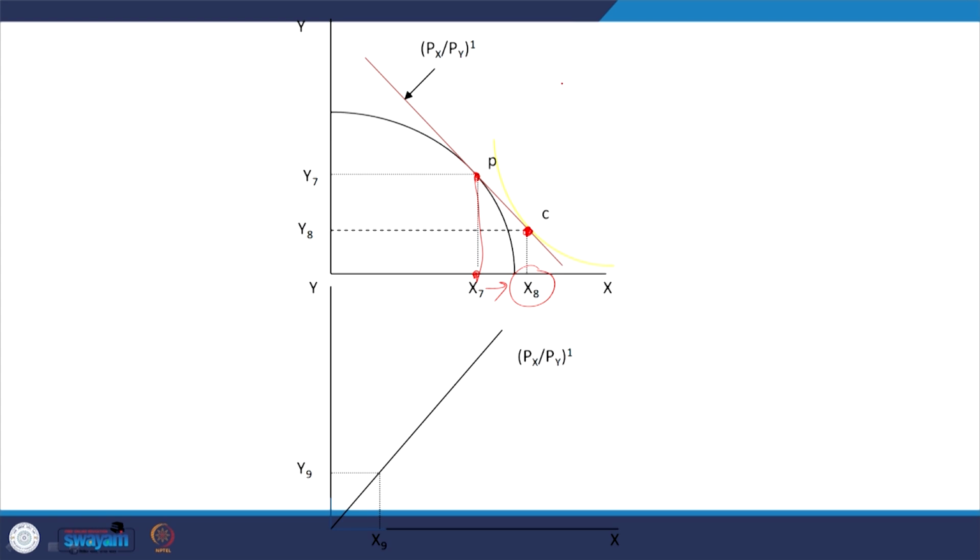There are two interpretations. One is Px by Py. Even in the international market, if it is a large country context, the price of Y will fall because they are not demanding more, whereas the price of X will rise. That way it will be against the country's terms of trade, and therefore that will be countervailing their extent of consumption.